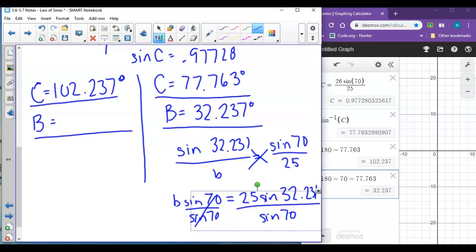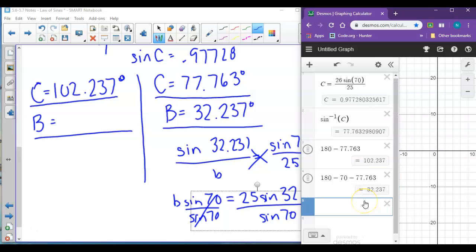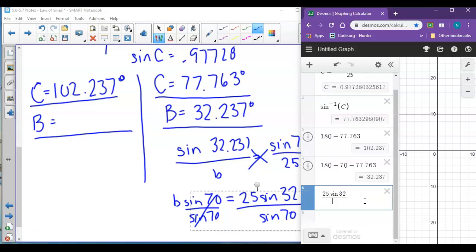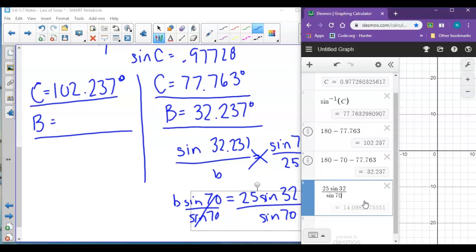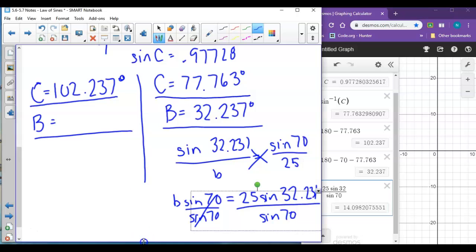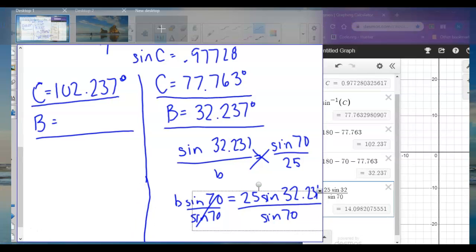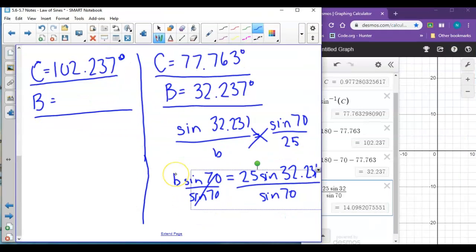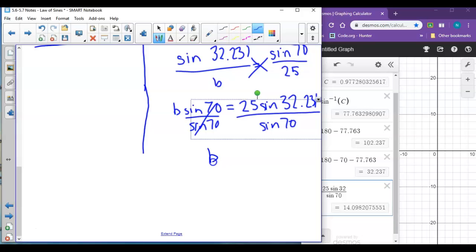And whenever we type that in, we'll have 25 sine 32 divided by sine 70, and we get 14.098. So the side B is 14.098.